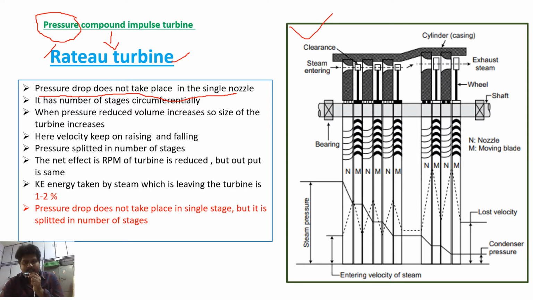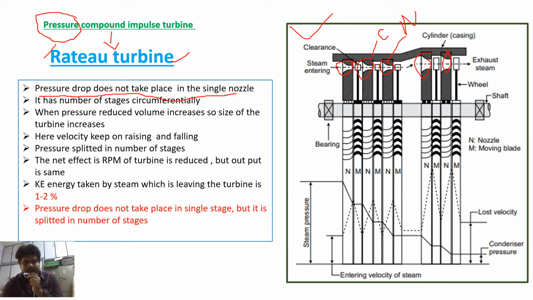As you can see here, this is the schematic of the Rateau turbine. As I said, it has a number of nozzles. So this is nozzle 1, 2, 3, 4, 5. Like this, it has a number of nozzles. These nozzles are fixed to the casing, so that they do not move.